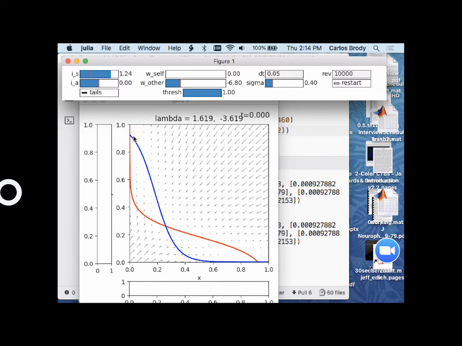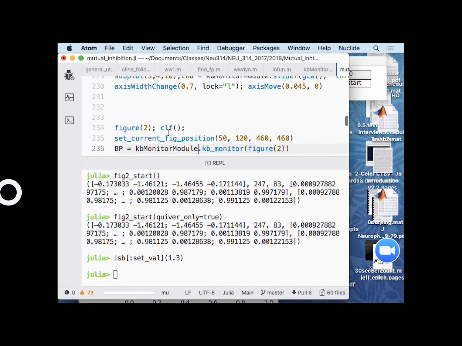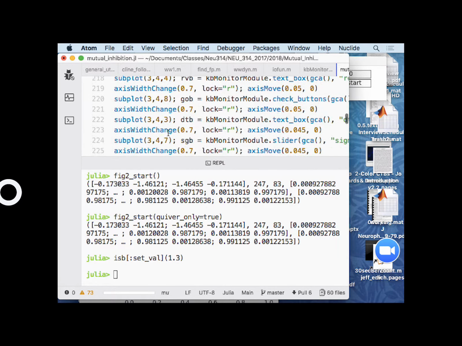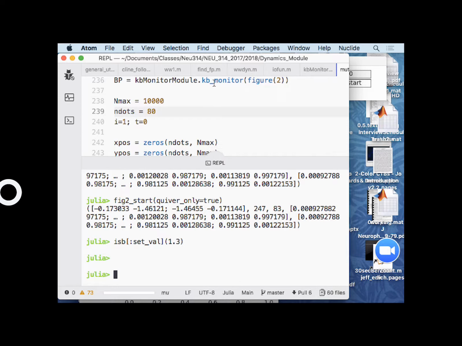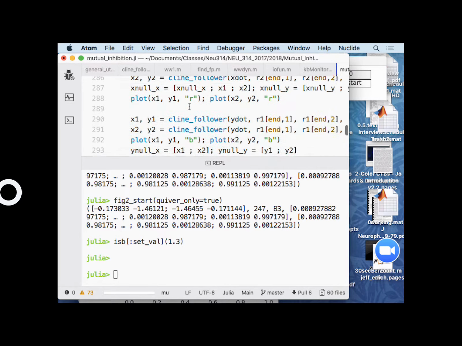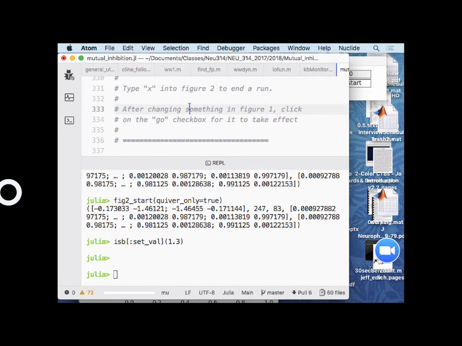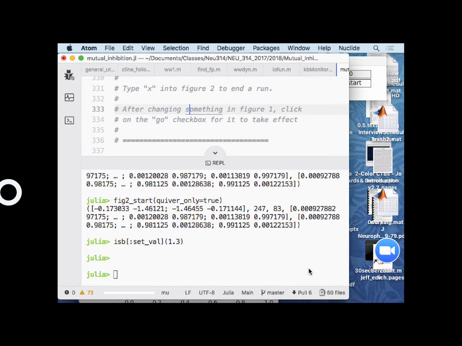So how do we get the system to go? So let me change one parameter over here. Here we go. Let's make this 80. Yeah.